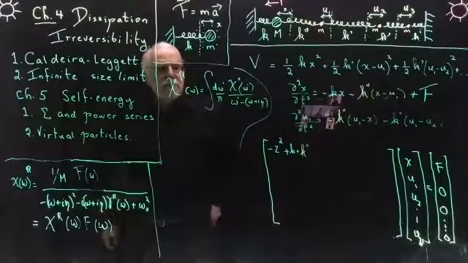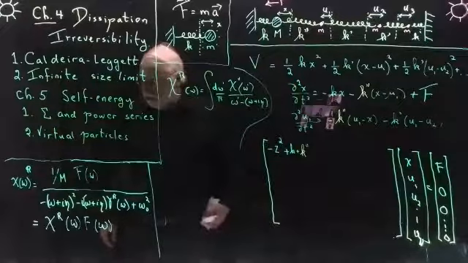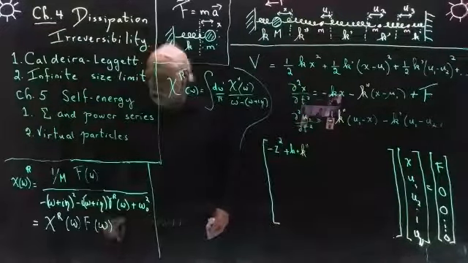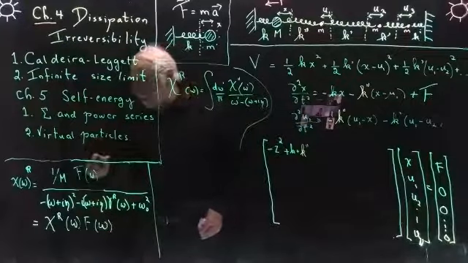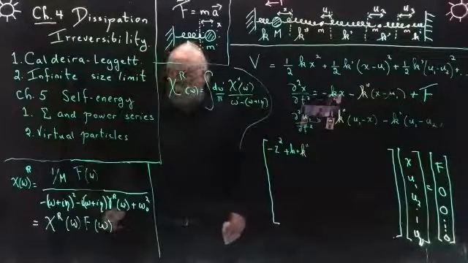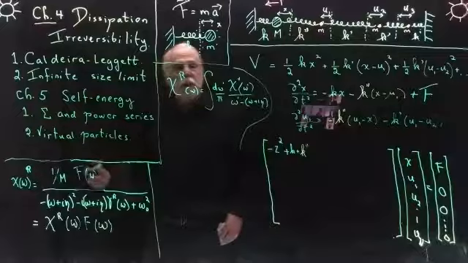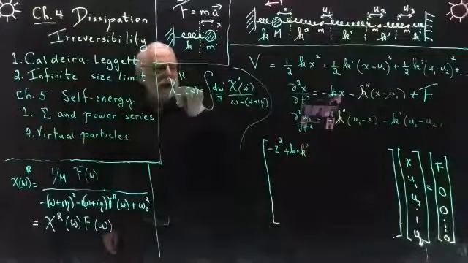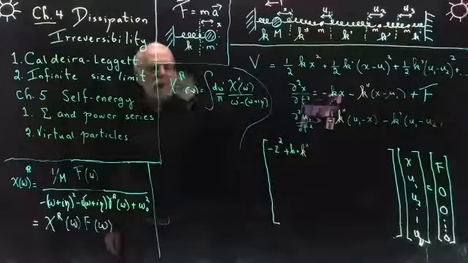Does the argument of the force also need to take this i eta? Yes, good point. Yes. Here, if you want, you can think of it as the retarded force. So I don't need to put it, but in general, I definitely need to put the omega plus i eta.